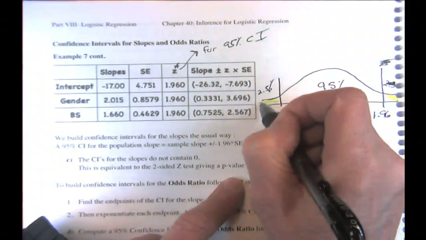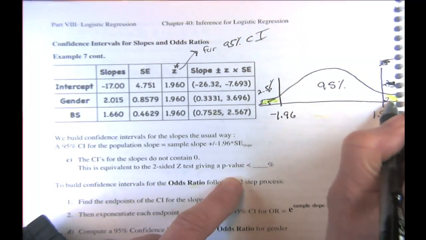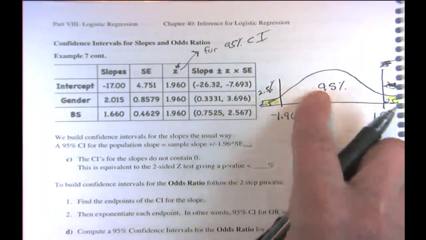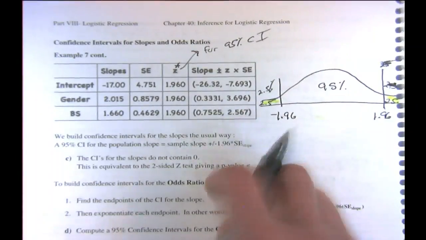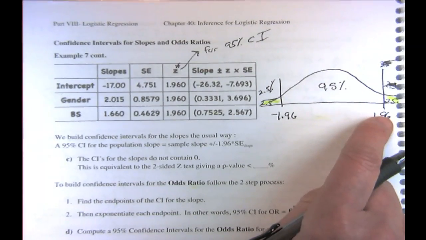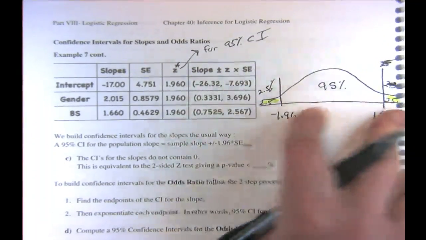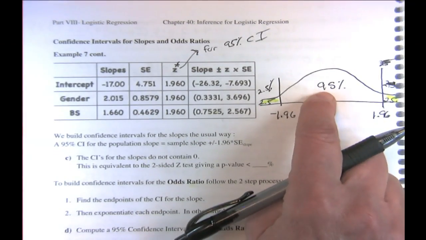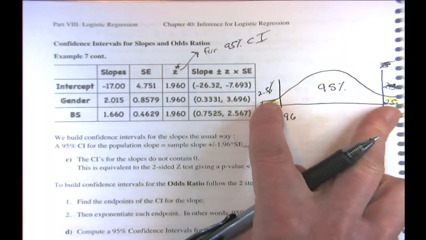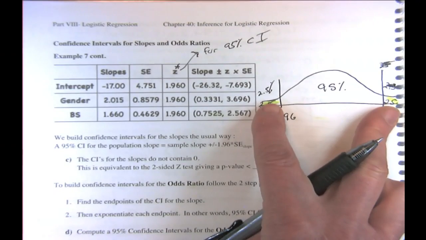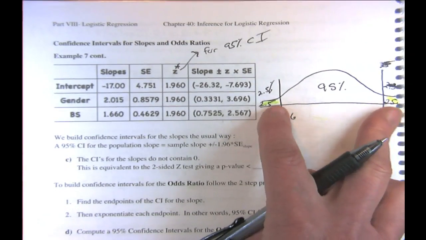Sorry, you can't see this. 2.5% there and 2.5% there. That's 5% together. 95% and 5% in the tails. All right? So that's the same thing as an alpha significance level for a one-sided test of 2.5% or for a two-sided test of 5%. A 95% confidence interval is similar to a two-sided significance test, with a p-value of 5% or less.